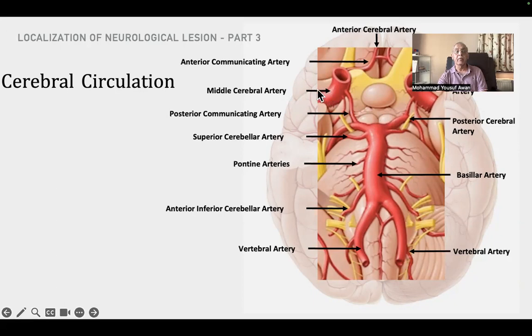The common carotid artery divides into the middle cerebral artery and the anterior cerebral artery, and both anterior cerebral arteries are connected with the anterior communicating artery, and this forms the circle of Willis.